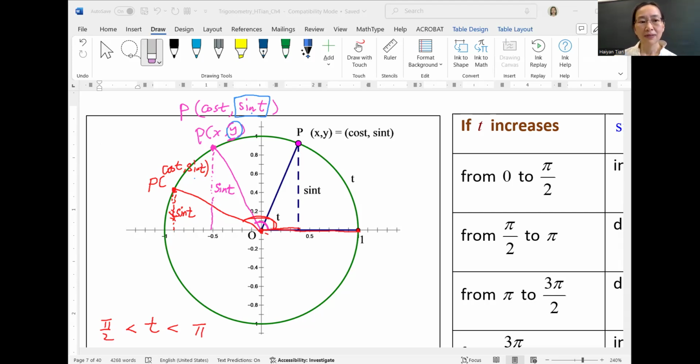So when t is in the second quadrant, the larger the t, the smaller the sine t. So that is, sine t decreases. It decreases from 1 to 0. Because if we include half of pi, at half of pi, the sine t is 1. At pi, the sine t will decrease to 0.